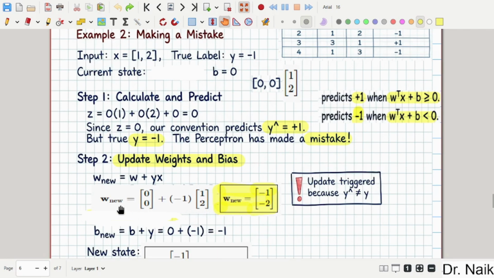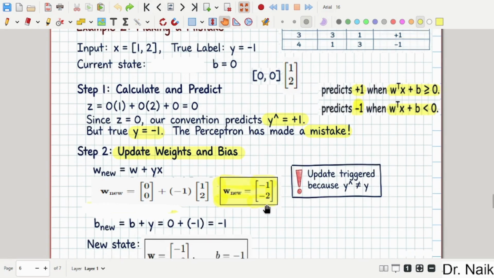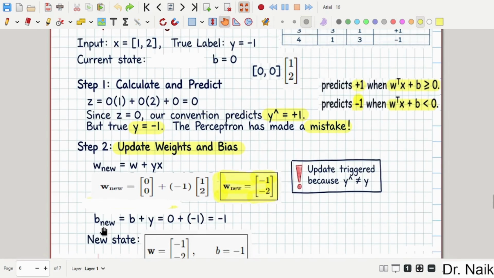So our w new is -1 and -2, that is a column vector with first entry -1 and second entry -2. Similarly, we will update the bias. The bias is updated by the formula b new is equal to b old plus y. Our b old is 0 and our y, that is the true label given to us, is -1.